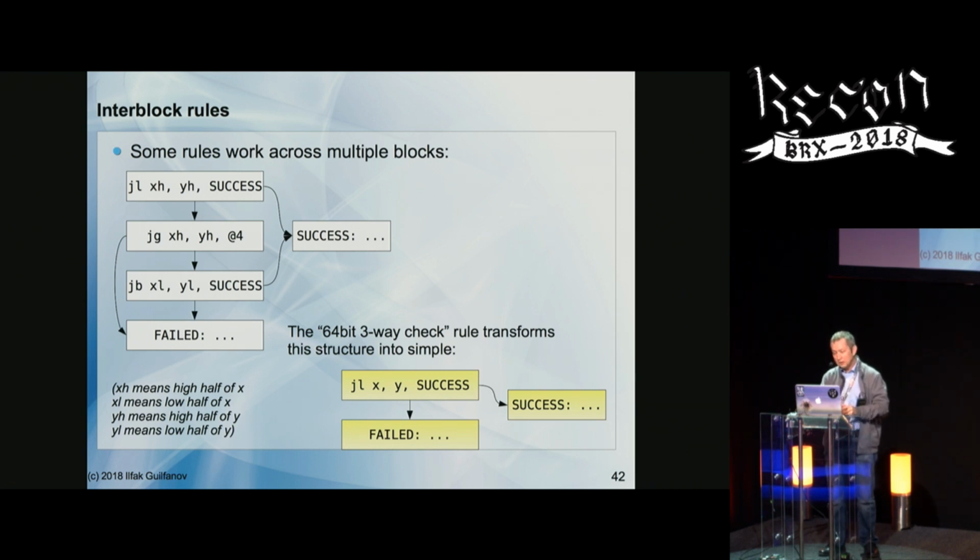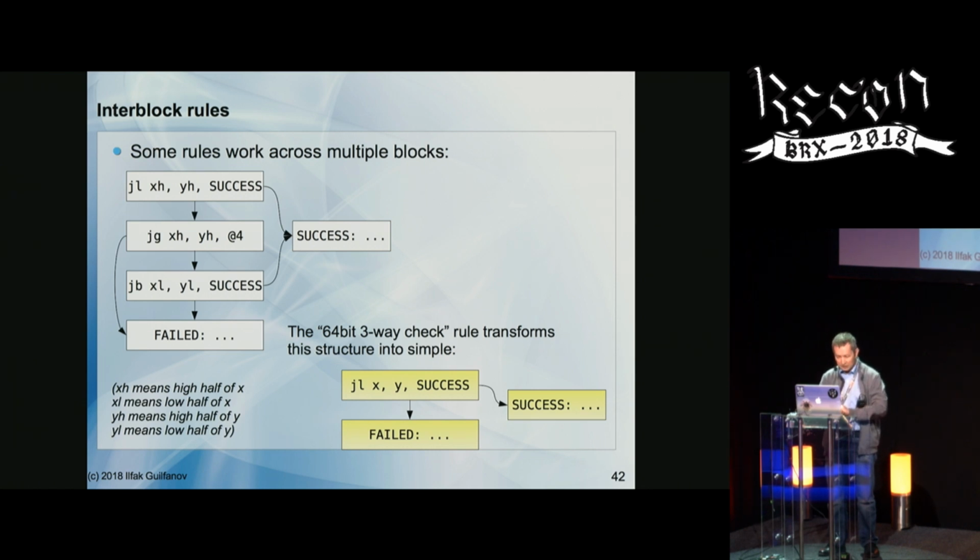Unfortunately for us, the 64-bit comparison is performed using three 32-bit comparisons on 32-bit processors. There is no other way of doing it. We first compare the high parts, if they are equal or not. If one is less than the other, we already go to the success block.